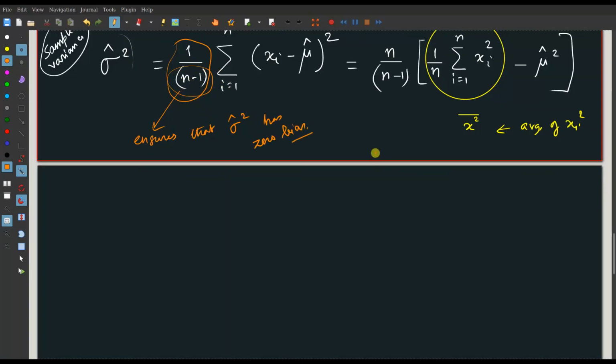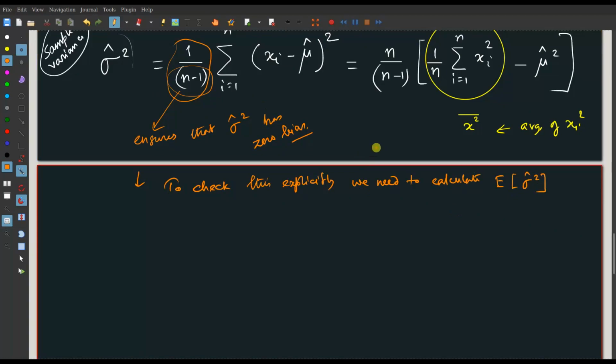Okay. How do you check that? Then you have to calculate the expectation value of sigma hat square. So to check this explicitly, we need to calculate the expectation value of sigma hat square here.